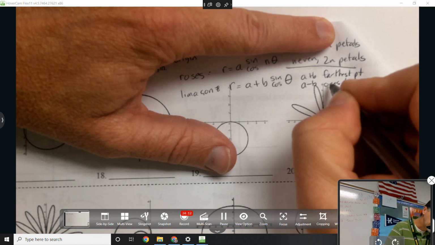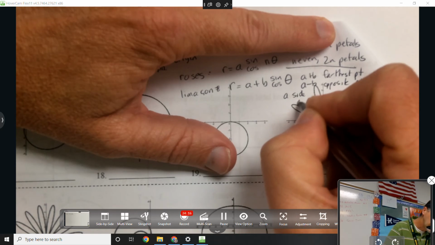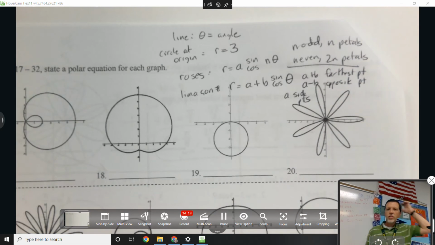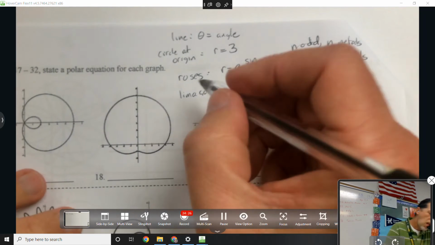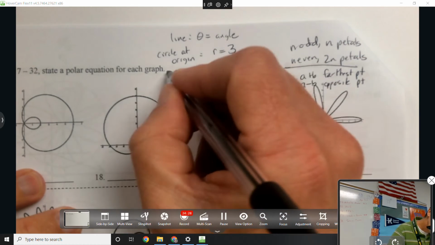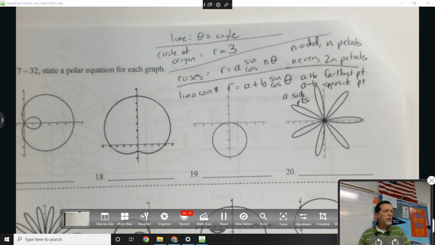I don't know what else to call that. And then just a was like the side points. So there's your graphing summary in one little piece there. I mean, there's more to it, but that's the gist of it.